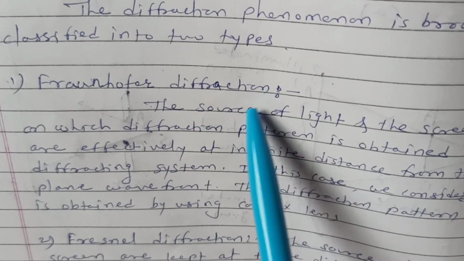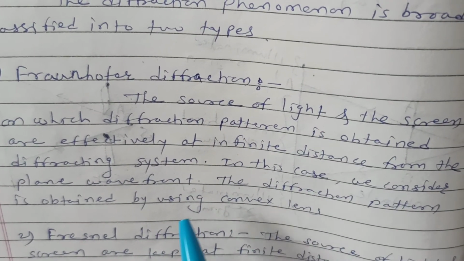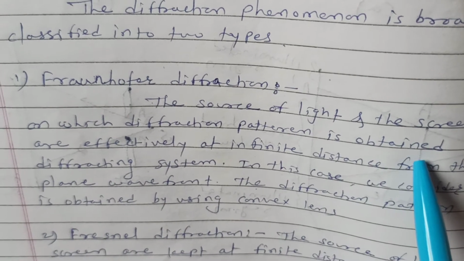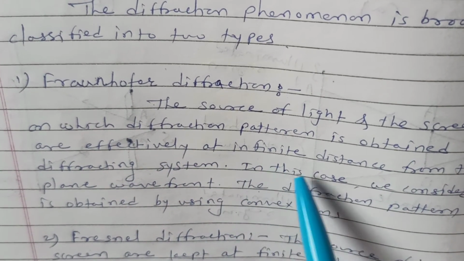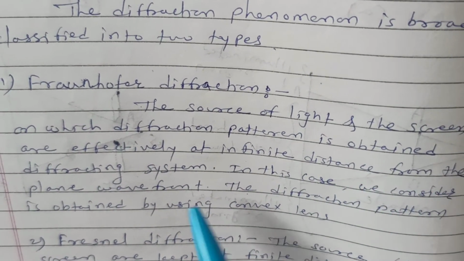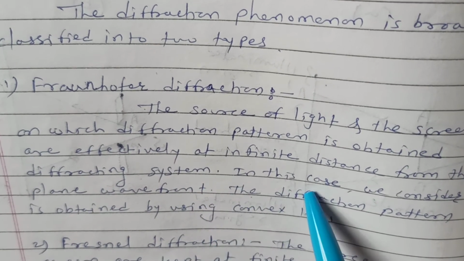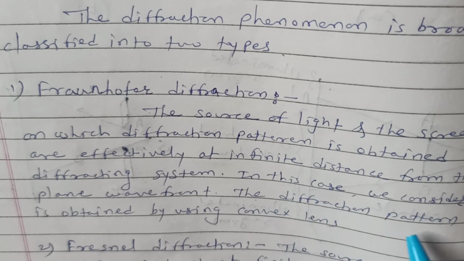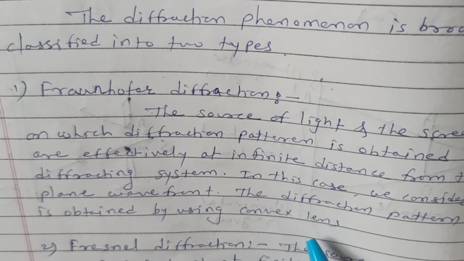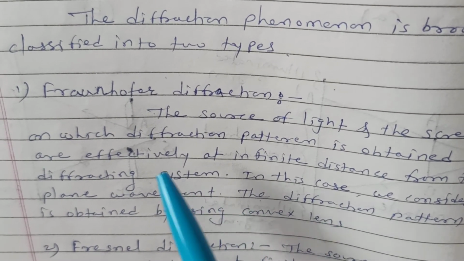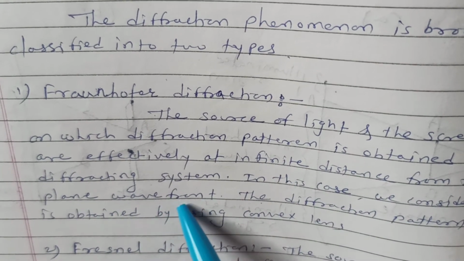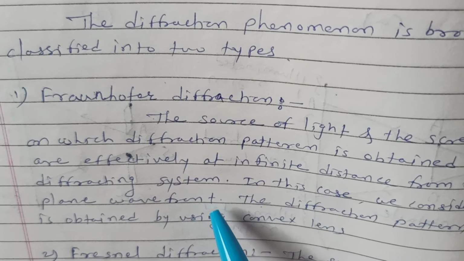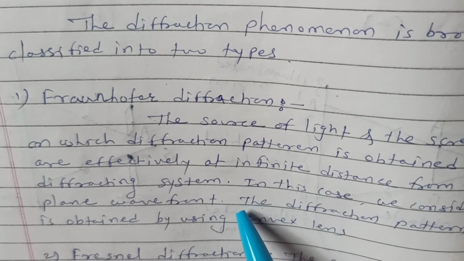In Fraunhofer diffraction, the source of light and the screen on which the diffraction pattern is obtained are effectively at infinite distance from the diffracting system. In this case, we consider plane wavefronts. The diffraction pattern is obtained by using a convex lens.